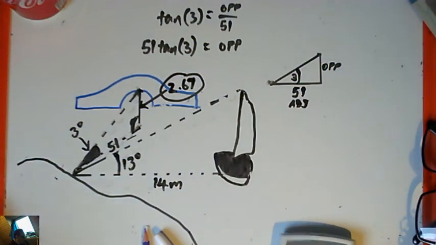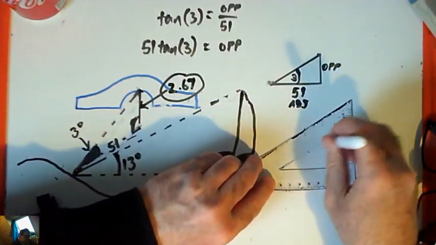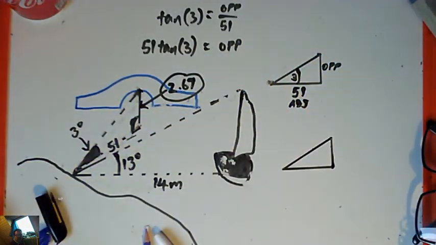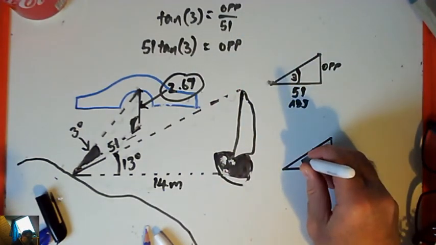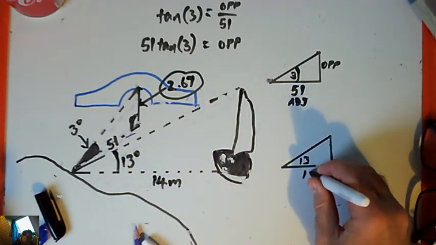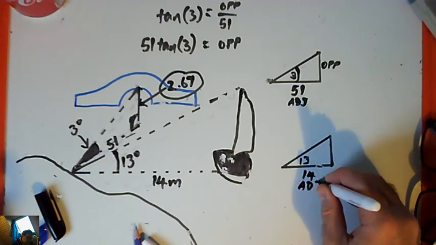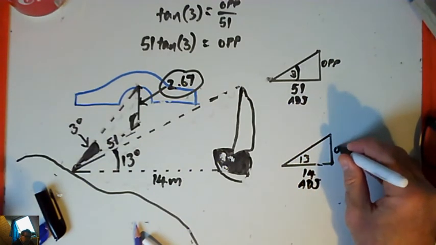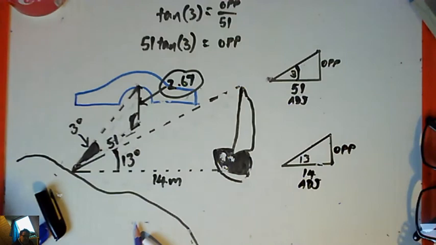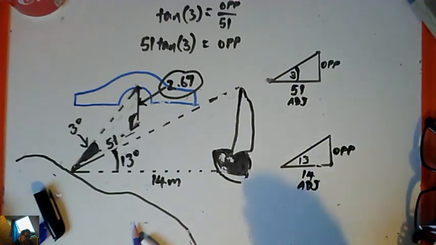Meanwhile, the height of the boat. So the height of the boat is another triangle, so I'll just draw another quick right angle triangle to get everything in the right place. So this time 13 degrees for the angle of elevation to the boat, 14 meters along the ground, and that's the adjacent side again. And again we'd like to find the opposite side because that's the height of the boat. So exactly the same thing as before.